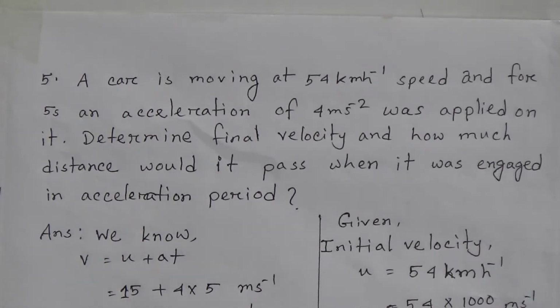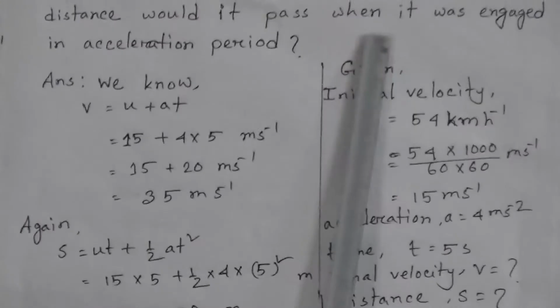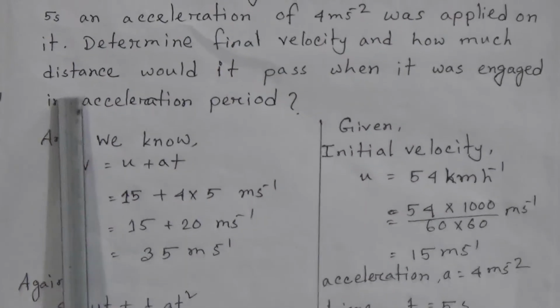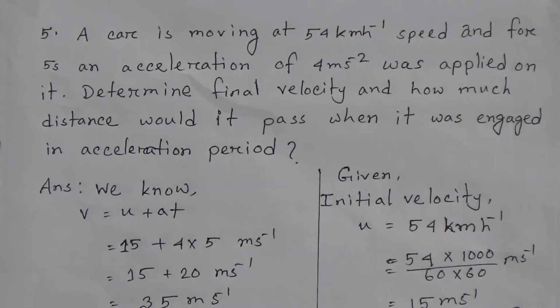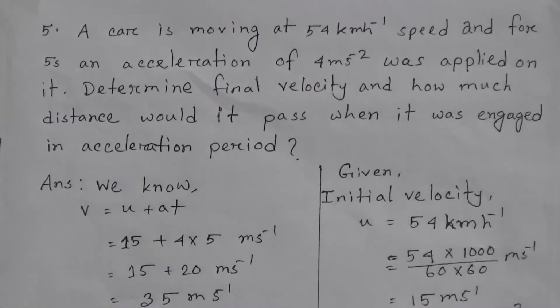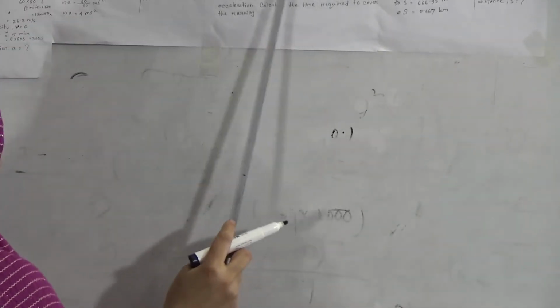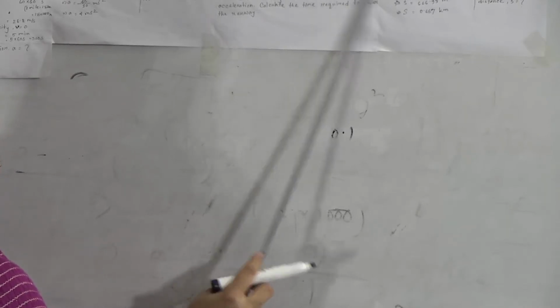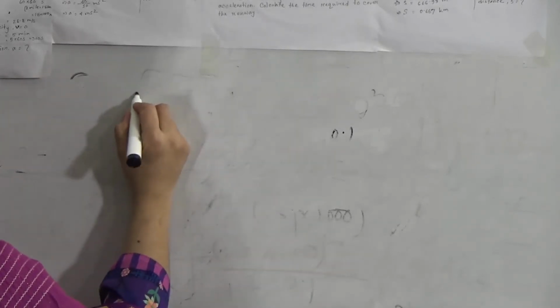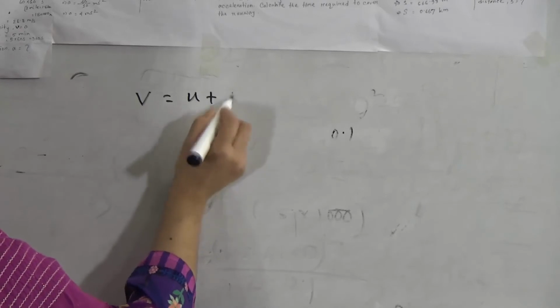We have to find the final velocity v and how much distance, the distance also. Now we'll solve this problem. We have to find the final velocity first. We know v equals u plus at.